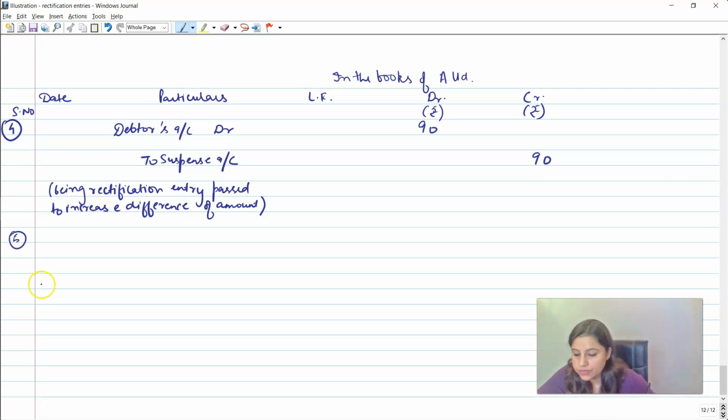Right, now coming to the fifth entry, which says the sales account was undercasted by rupees 10,000, being a carryover mistake in the sales day book. Now again we have undercasted the sales account.